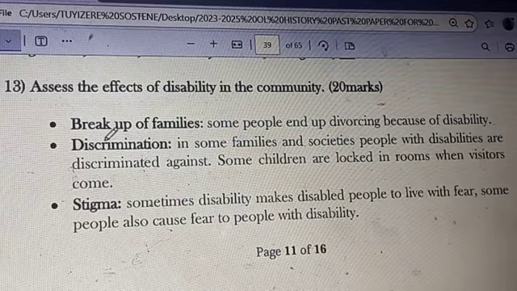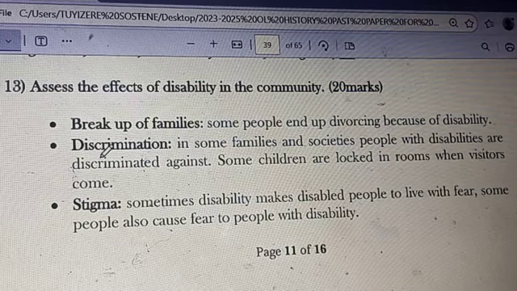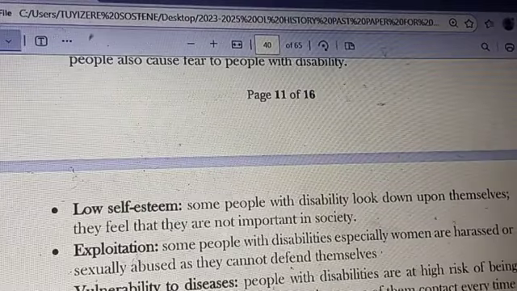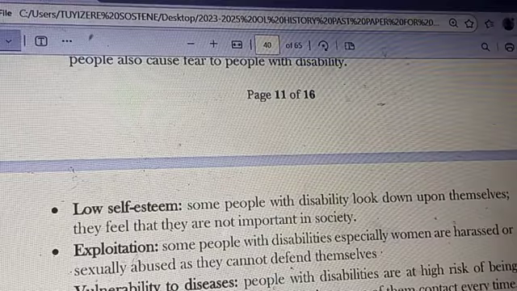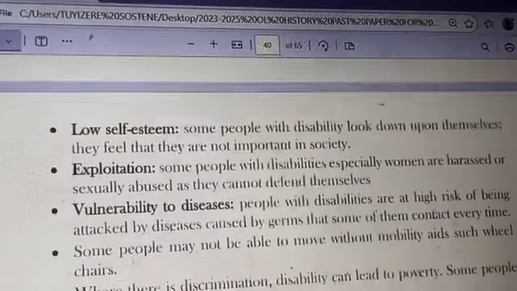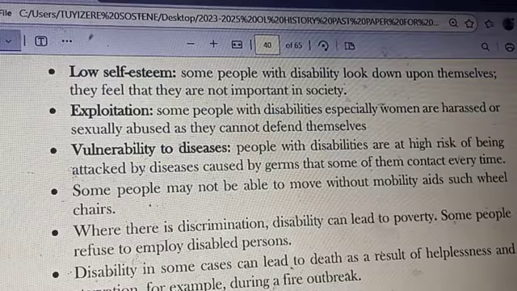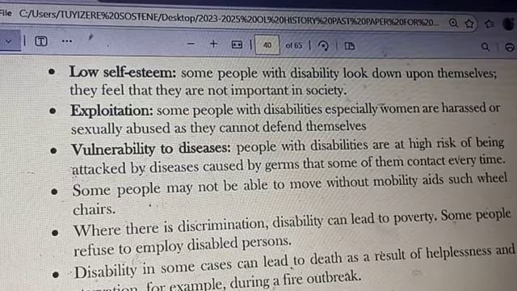The first is break up of families, discrimination, stigma, okay, a low self-esteem, exploitation, vulnerability to disease, okay. Some people may not be able to move without mobility aids such as wheelchairs. Where there is discrimination, disability can lead to poverty.